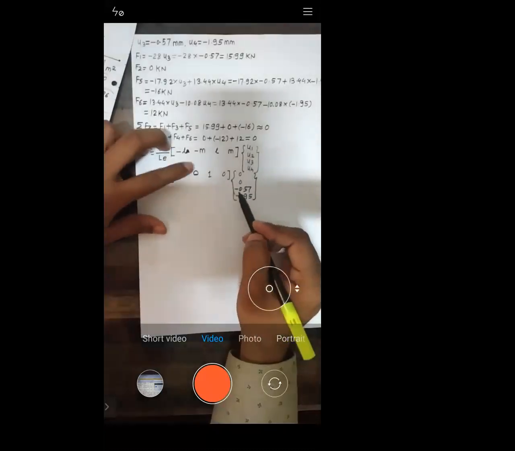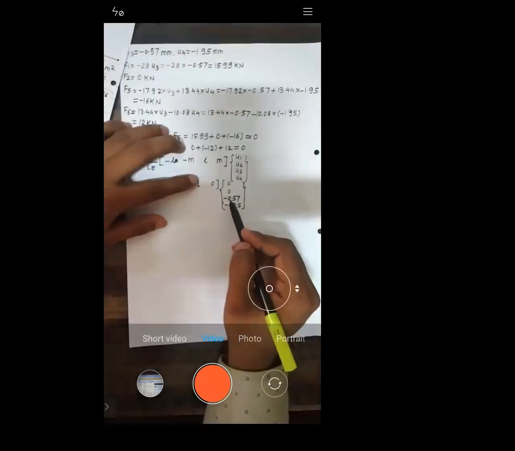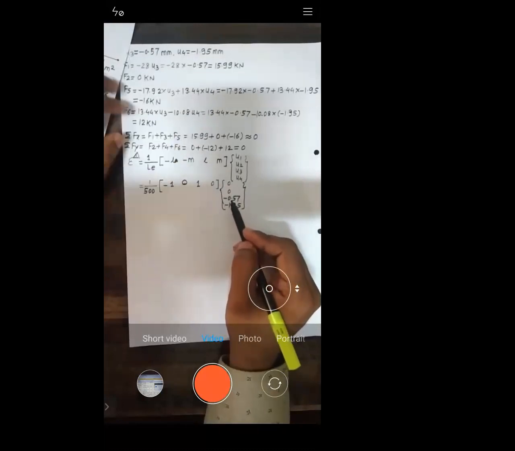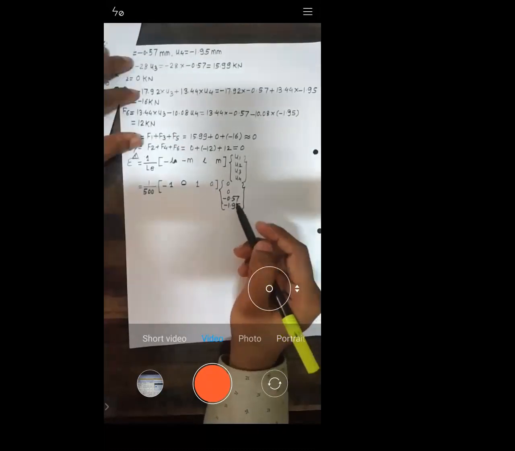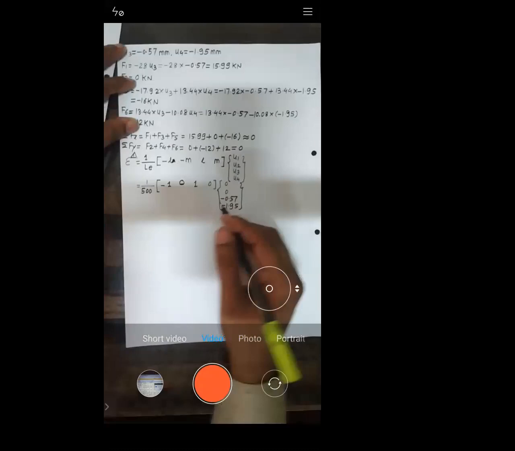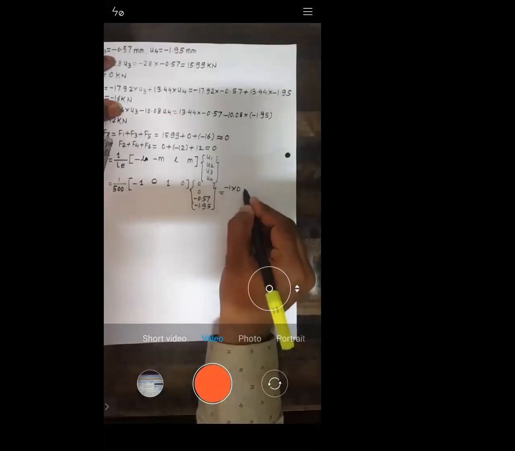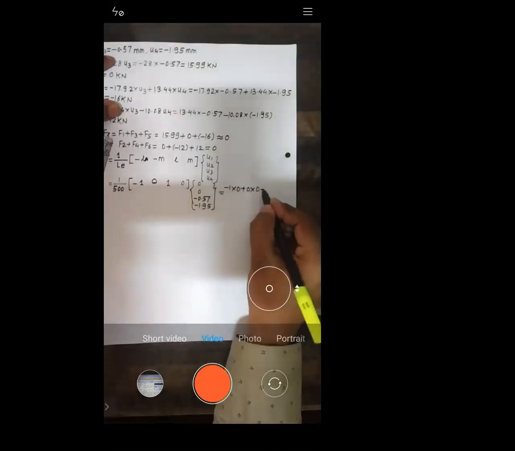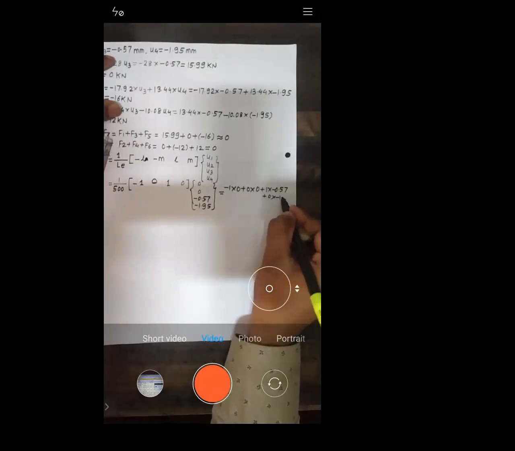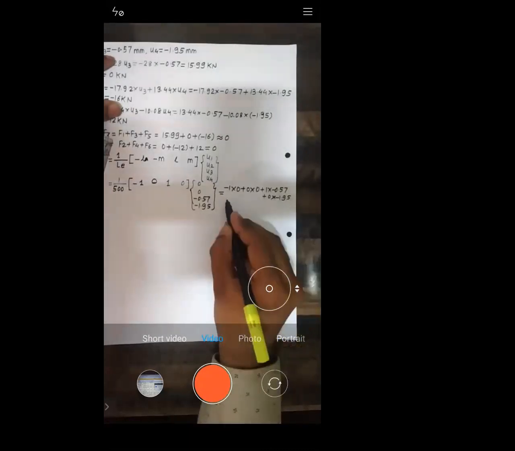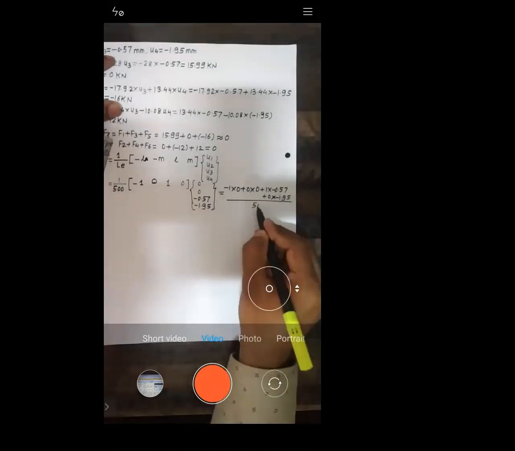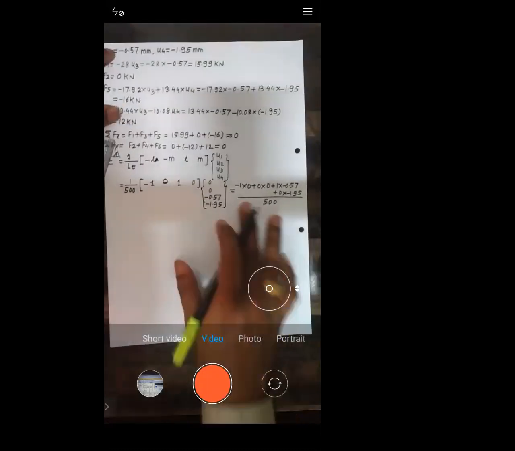Next, 1 into minus 0.57, it becomes minus 0.57. And 0 into 0 is again 0. Okay, I'll write down here: minus 1 into 0 plus 0 into 0 plus 1 into minus 0.57 plus 0 into minus 1.95, divided by 500. Is it okay? So just tell me that value. Minus 0.57 by 500, what is that?